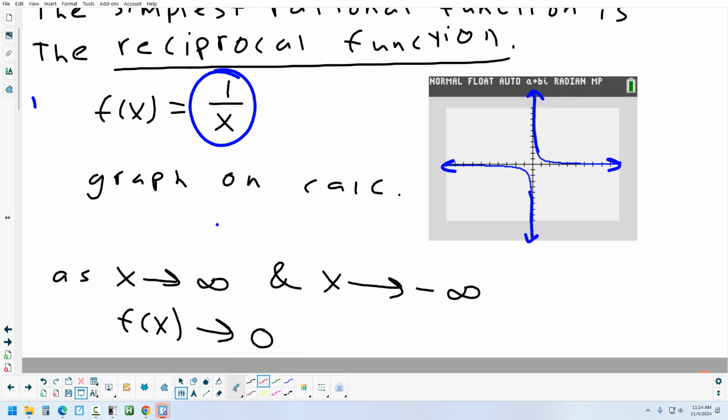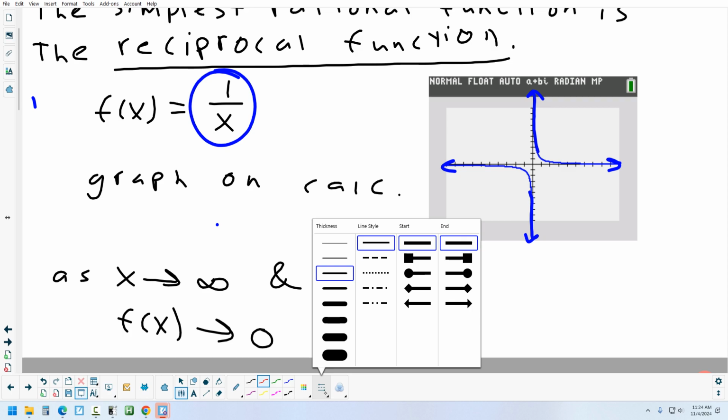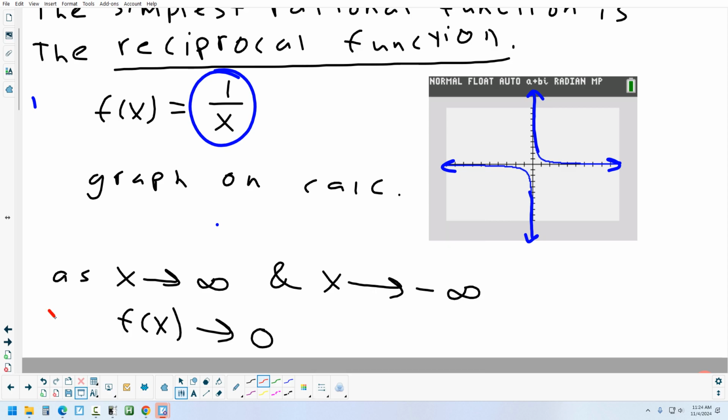So really what we have in here is this, it's kind of like thin, I usually do it as a dotted line, like that. That dotted line represents something that we're going to curve down to, but we never reach. Or on the left, we're curving up to it.